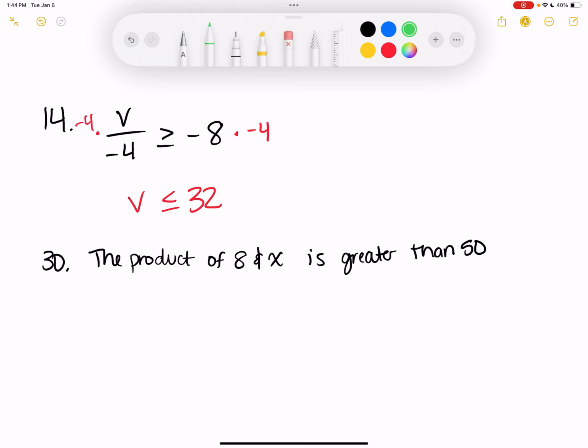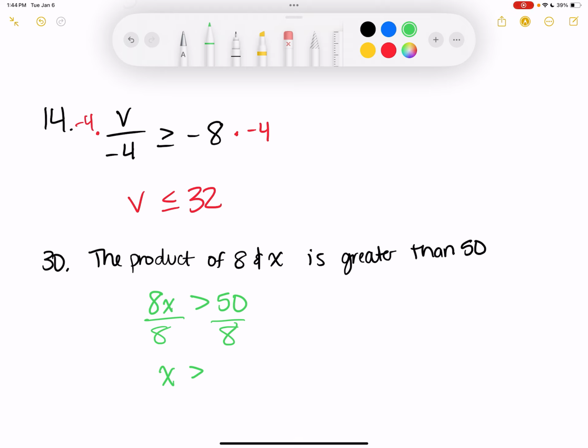So 8 times x is greater than 50. So then you divide by 8 on both sides. Oh, it's going to be a fraction. Maybe. Oh yeah, it will.